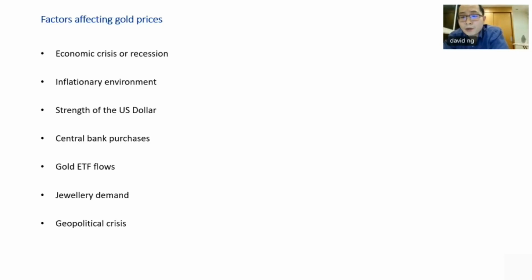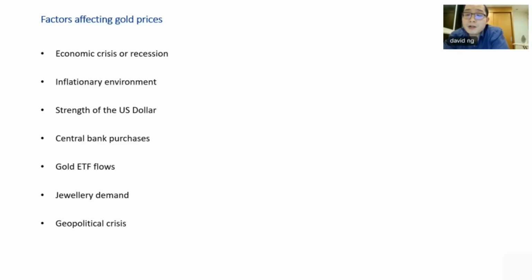Now, the US dollar index is quite tricky. Whenever you look at the strength of the US dollar, it does affect gold in certain ways. When you have a high US dollar, normally gold prices will react quite negatively. That's what we are seeing right now. If you look at the interplay of factors happening in the gold market right now, despite a lot of signs that the economy is slowing down, particularly in different parts of the world, by right gold prices should gain a bit of support, but we don't see that.